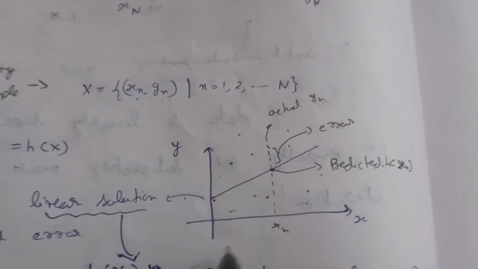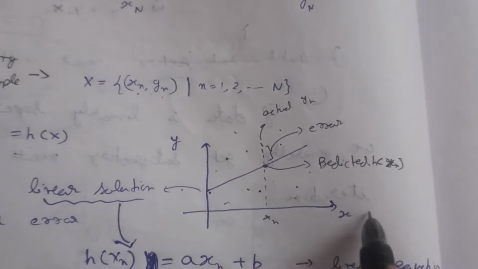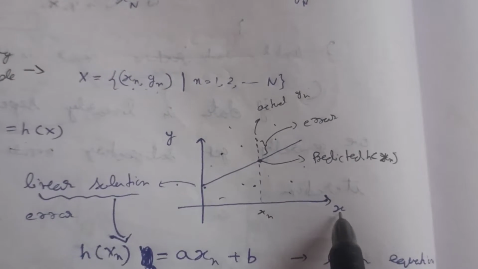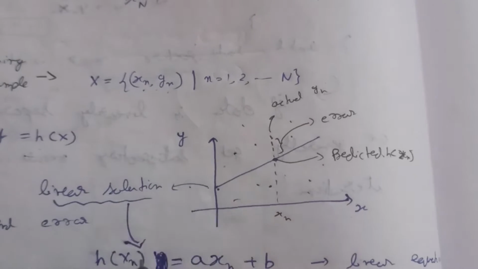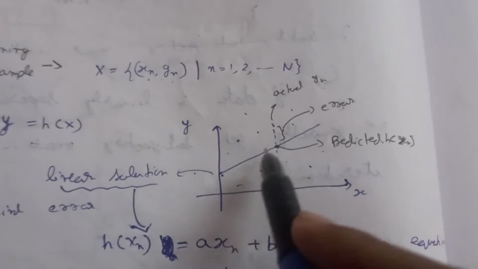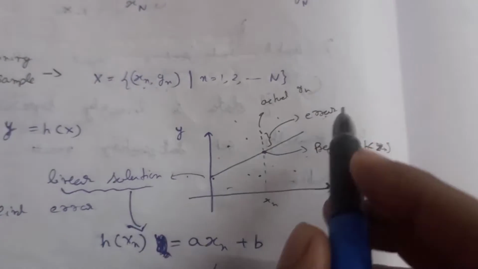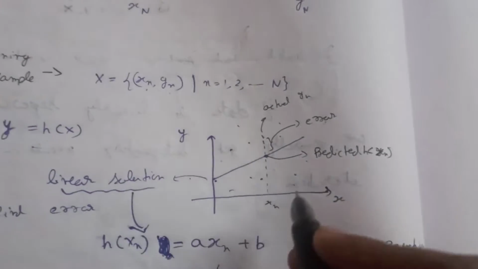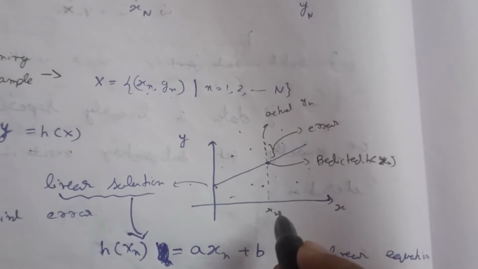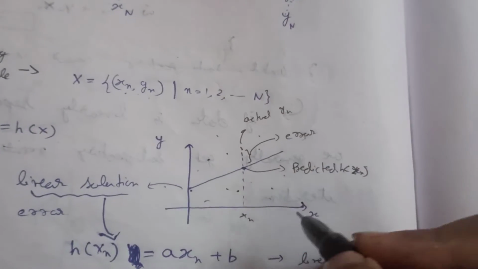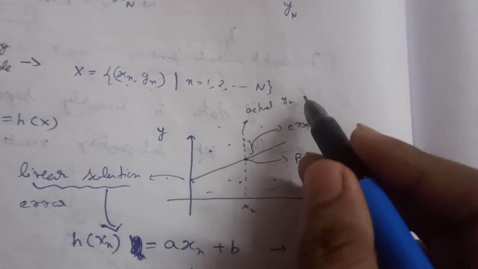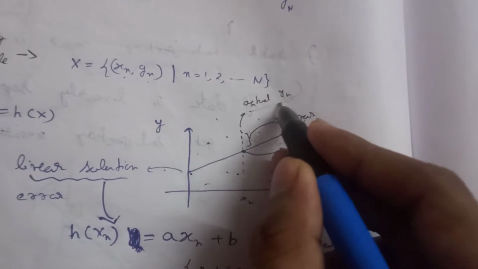Suppose that is a graph. This is the x, that is the temperature axis, and that is the y, that is the rainfall axis. This linear learning is going to predict our rainfall accurately. Suppose these dots are the data points. For a particular day the temperature is xn, and suppose the rainfall of that day is yn, that is our actual rainfall.